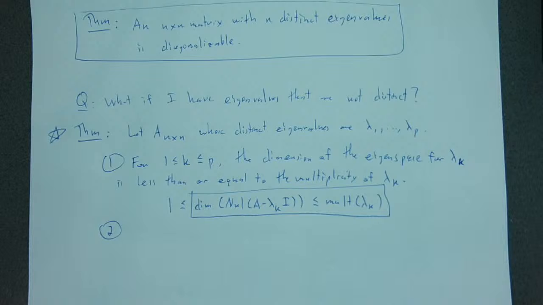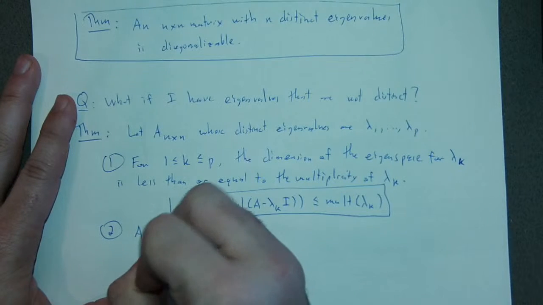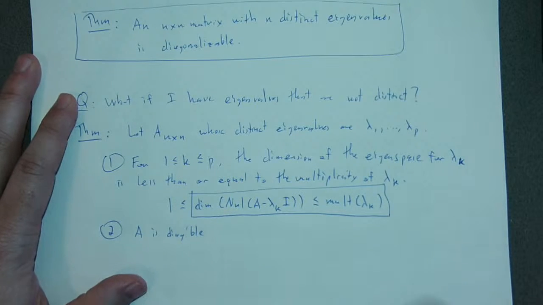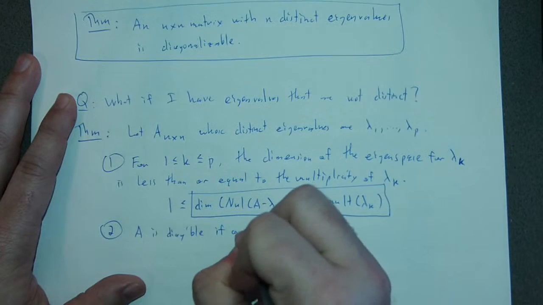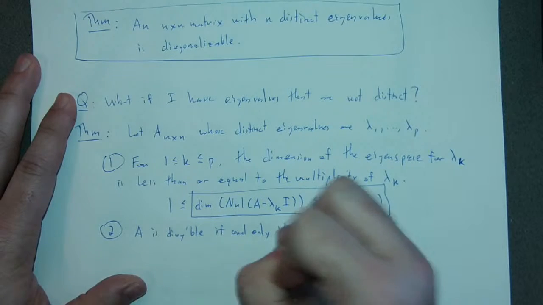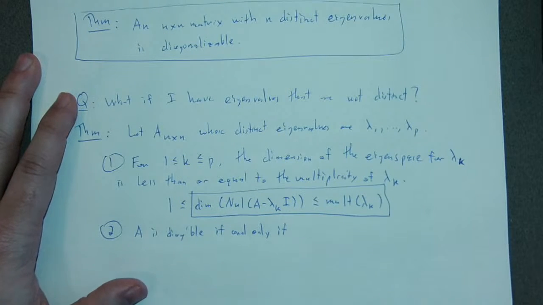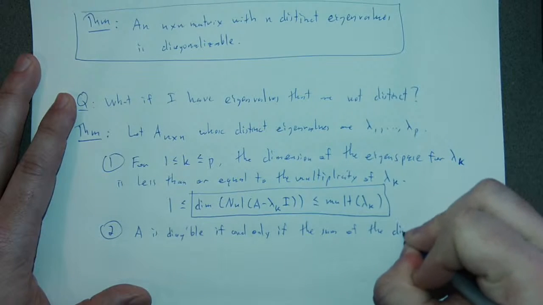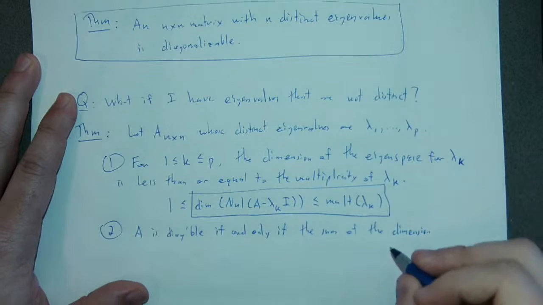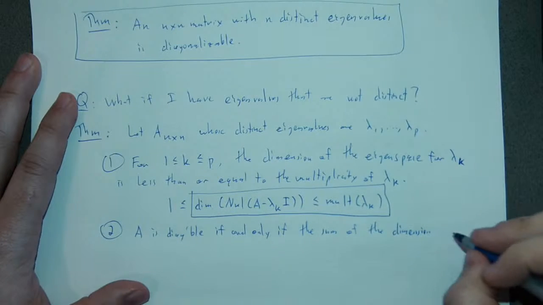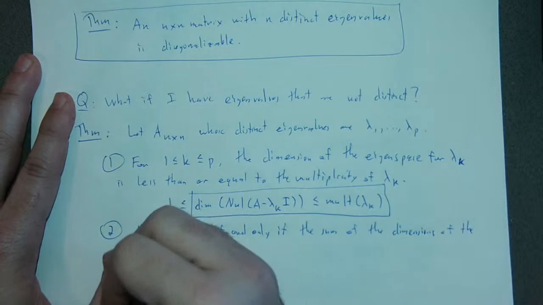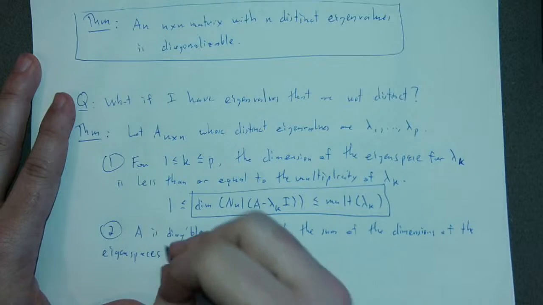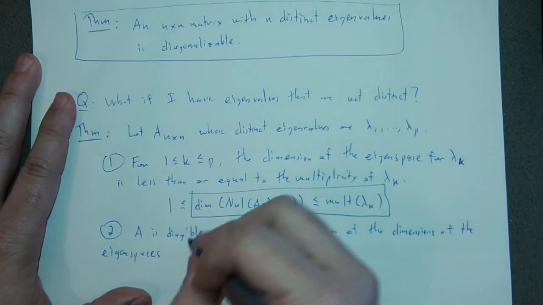So secondly, A is diagonalizable if and only if the sum of the dimensions of the eigenspaces equals n.